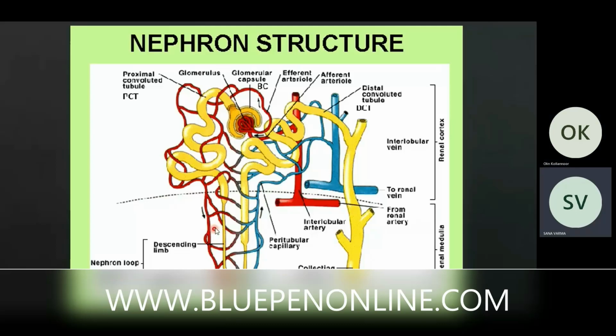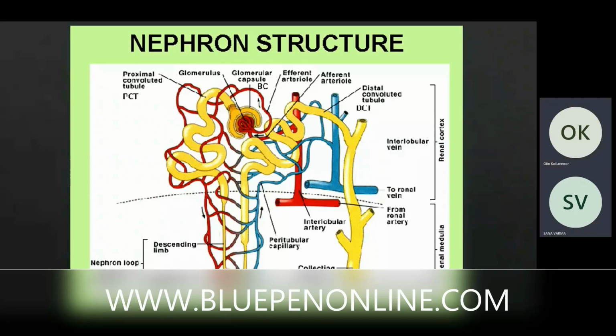They don't have any partiality. Now, the descending limb of loop of Henle is shown in this picture as a very thin part, which indicates that it is highly permeable to water and almost impermeable to solutes.